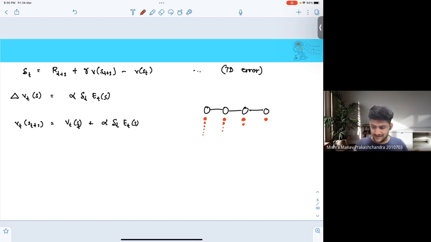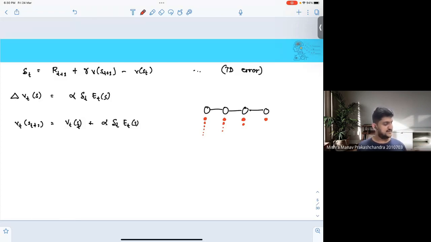So this is the basic idea behind an eligibility marker. Marker is not a technical word that I am using. This is just to make you understand what I mean when I say eligibility of a particular state. It means how eligible a particular state is at time t to be updated, which had been encountered at some earlier time t prime, or t minus 1.